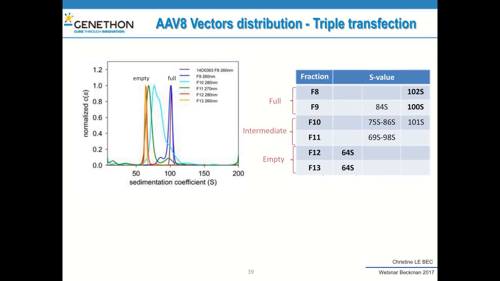So here, this is empty particles. You can see the AAV vector distribution. Here on this slide, we analyze the distribution of the vector.